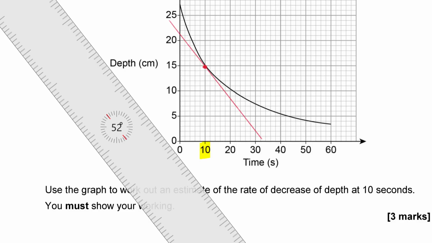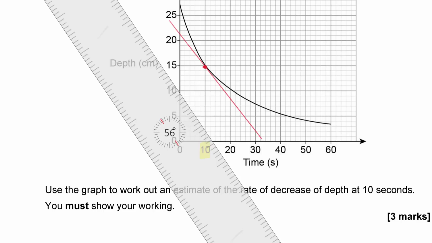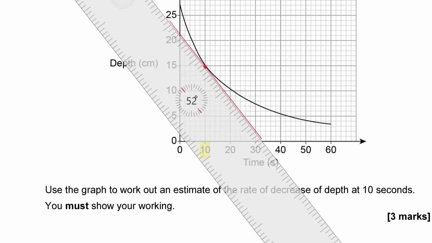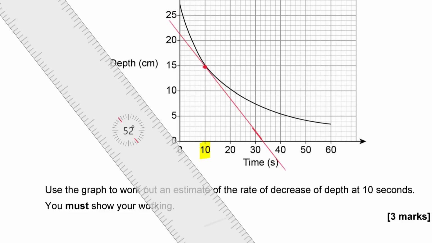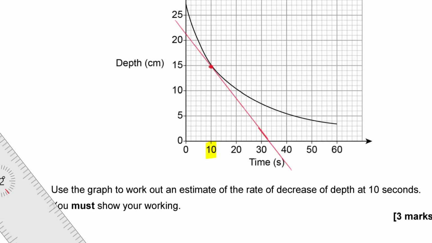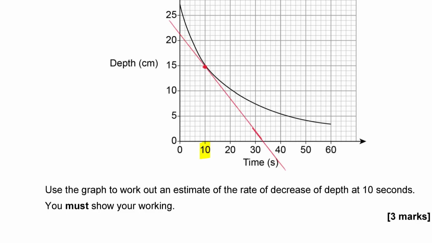Now what I need to do is to pick 2 points on the line and work it out. I think I might just use the intercepts. I think that's probably the easiest thing to do. Let's just extend that line down so it crosses my axes. Okay, and then I can use the intercepts as my 2 values.